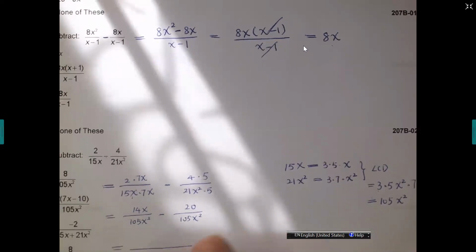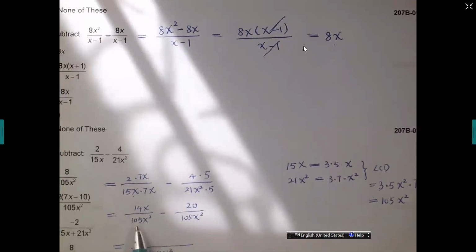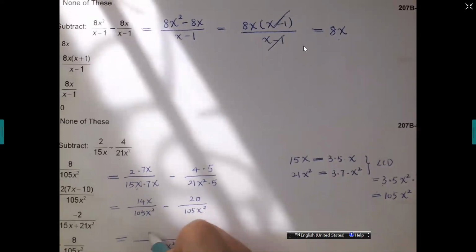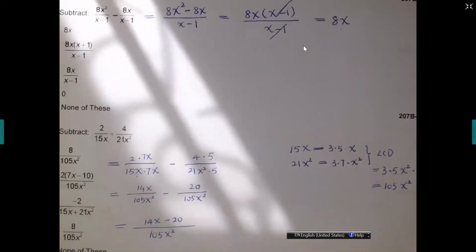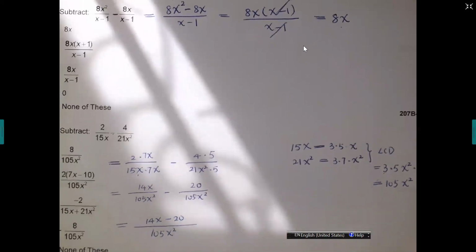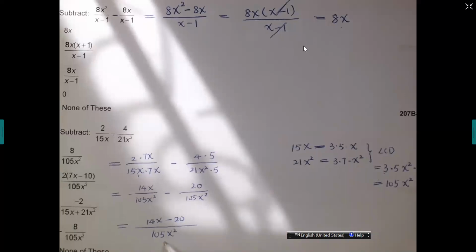Keep the common denominator, 105x squared, and then subtract the numerators, 14x minus 20. Okay, so if this is a test on my open math, you can leave the answer here.